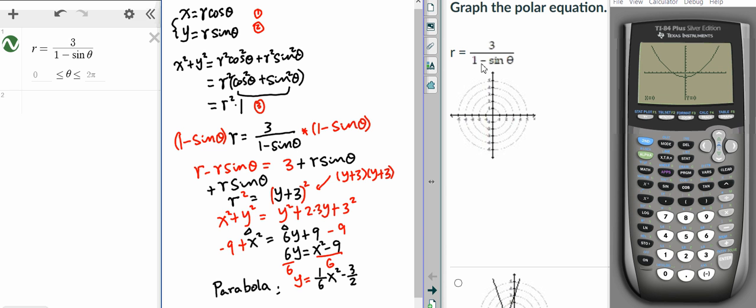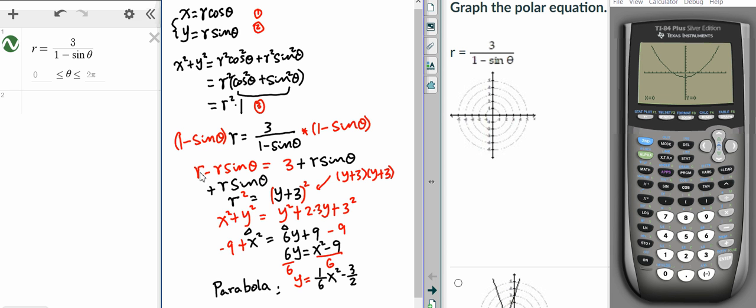You copy this one. We do not like the denominator 1 minus sine theta, so both sides are multiplied by 1 minus sine theta. And then you cancel 1 minus sine theta. The right-hand side is 3 standing alone. Left-hand side is r times 1.